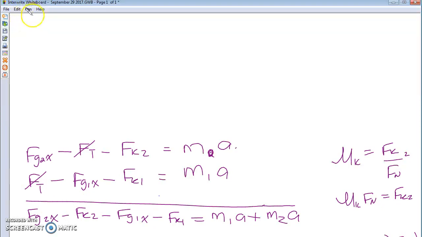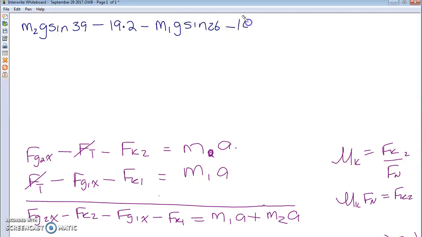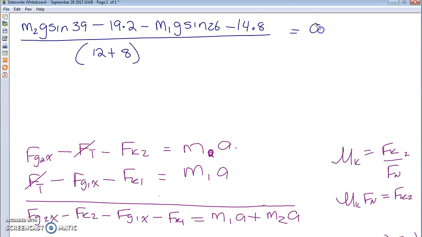And of course, FG2X is made up of m2g sine of 39 minus FK2, which was 19.2, minus FG1X, which is m1g sine of 26, minus 14.8, divided by 12 plus 8, which equals your acceleration.